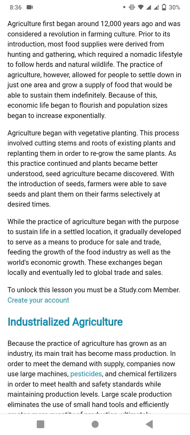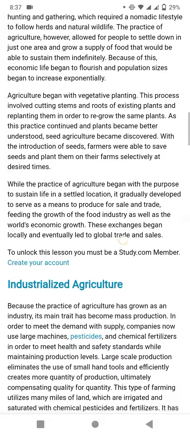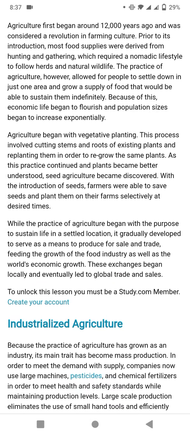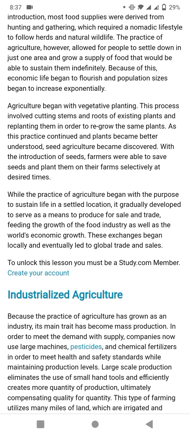The practice of agriculture, however, allowed people to settle down in just one area and grow a supply of food that was more sustainable indefinitely. Because of this, economic life began to flourish and population sizes began to increase abundantly.